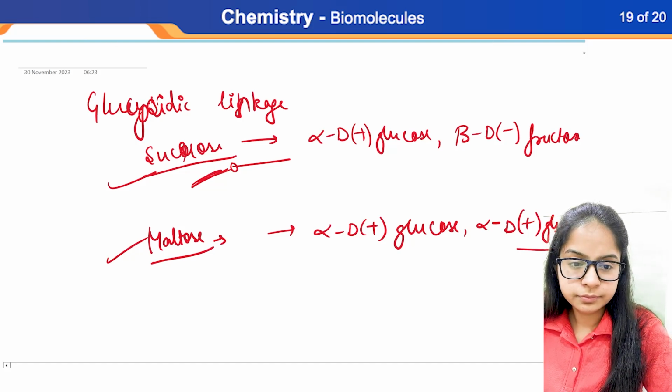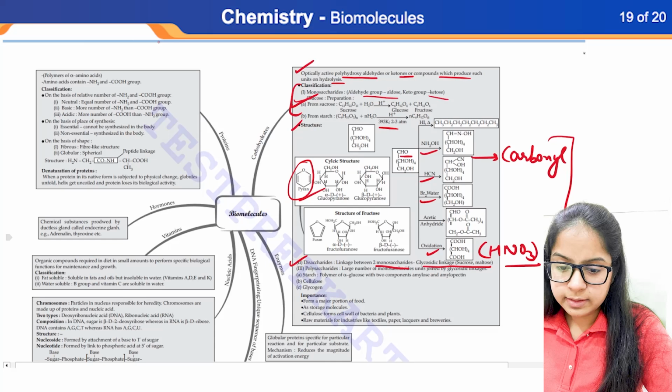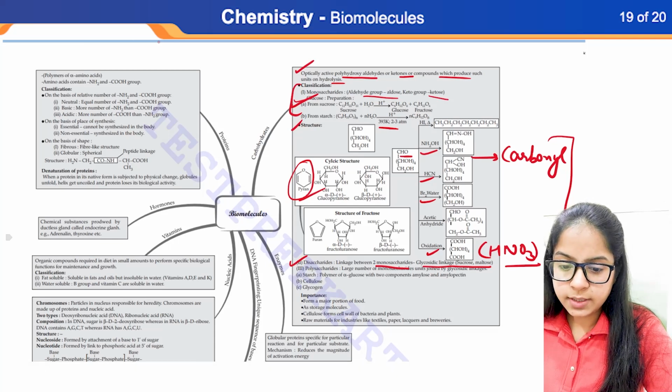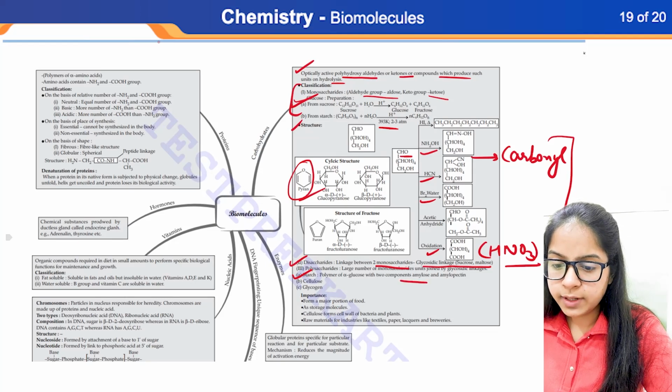Now, the next one is polysaccharide, a large number of monosaccharides joined together. Starch is a polymer of alpha glucose with two components, that is amylose and amylopectin.